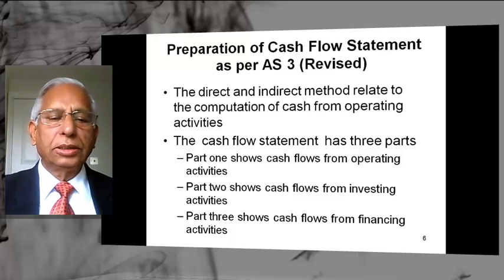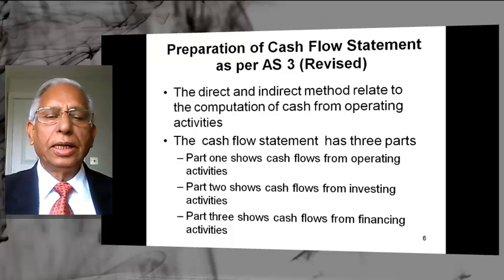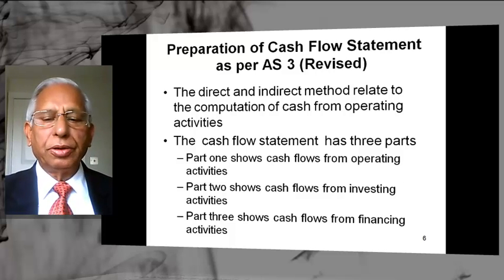The total cash flow statement is divided into three parts. Part 1 deals with the computation of cash flows from operating activities. Part 2 is related to the computation of cash flows from investing activities.